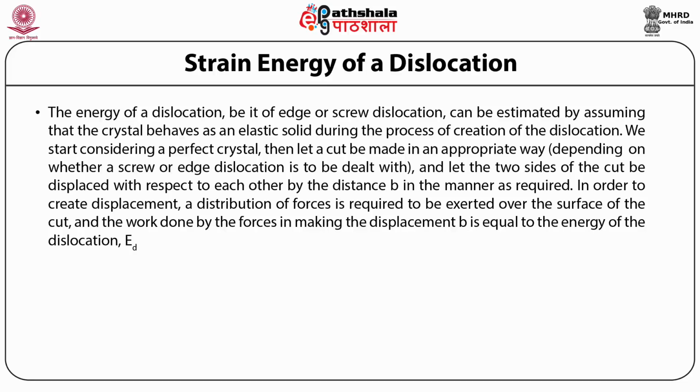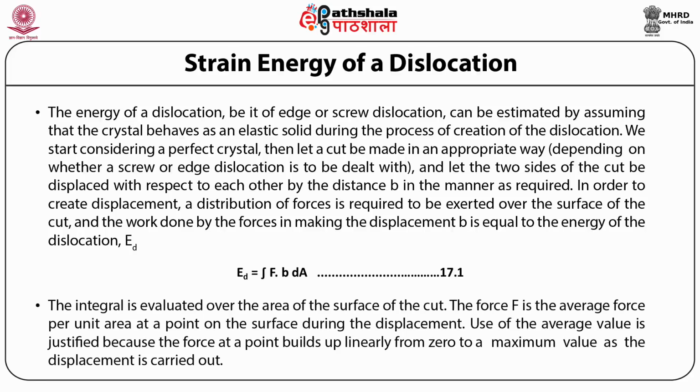In order to create the displacement, a distribution of forces is required to be exerted over the surface of the cut, and the work done by the forces in making the displacement b is equal to the energy of the dislocation, E subscript d. E subscript d is equal to the integral of F dot b dA, which is put as equation 17.1. The integral is evaluated over the area of the surface of the cut.